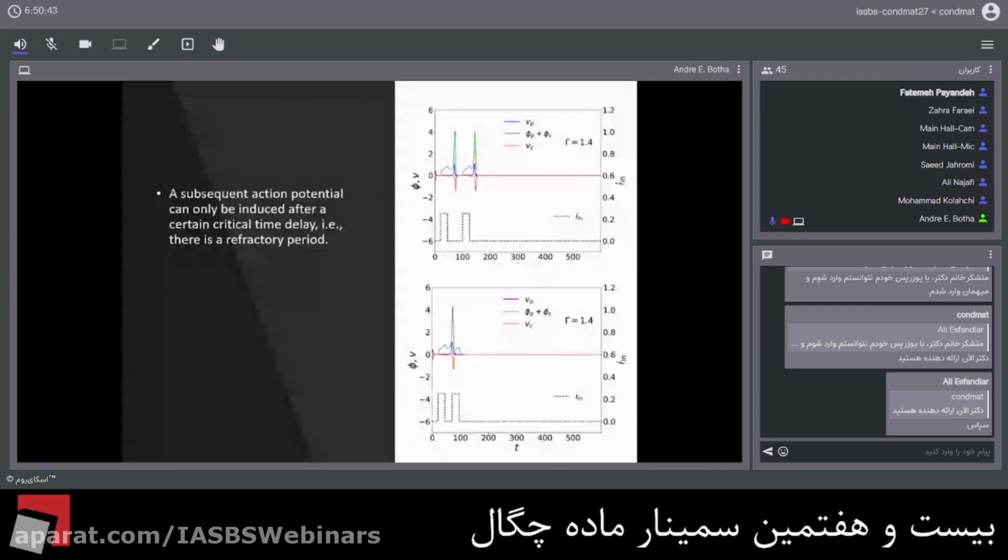In the first simulation, we have two input pulses that both trigger the action potential.